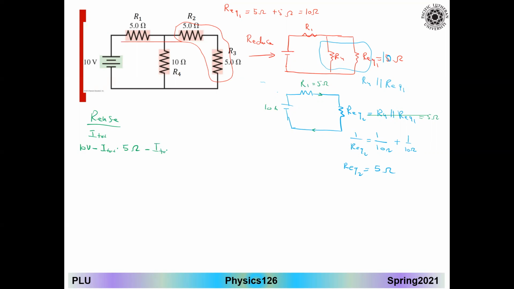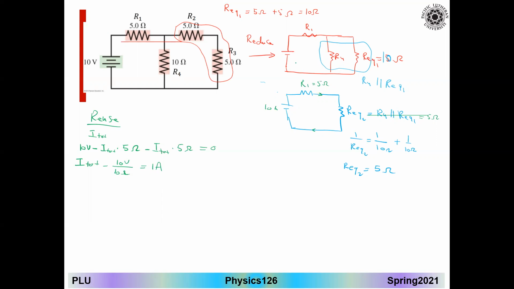So I total, they have the same current, times R2 equal 5 ohms. That's the algebraic summation equal 0. So from here, I can find my I total. In this case, it will be 10 volts divided by 5 plus 5, which is 10 ohms. So here is the 10 volts divided by 10 ohms. I have 1 ampere as my total current.